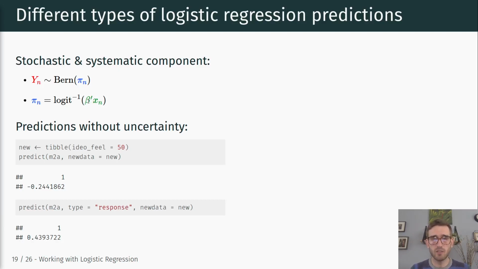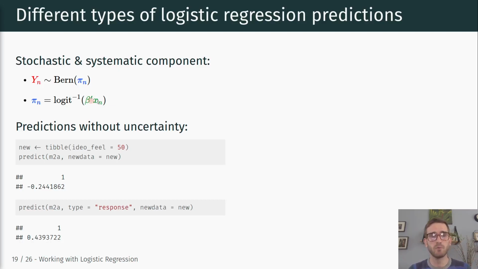And as we talked about in previous videos, we're not modeling this probability in a linear fashion, like the linear probability model, but rather we're plugging this into our link function, which in our case is the inverse logit function. This inverse logit function maps our linear predictor, beta prime x n, to the range of probabilities that we can have, which is between 0 and 1.